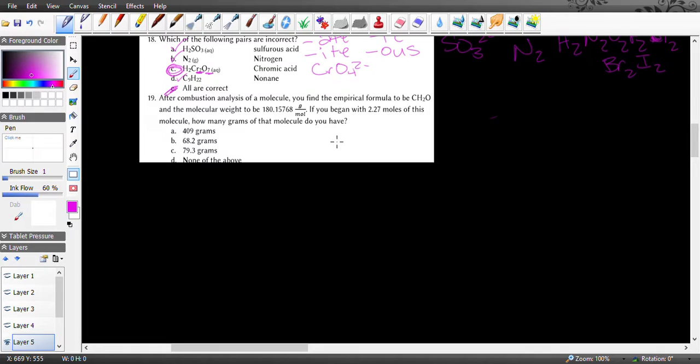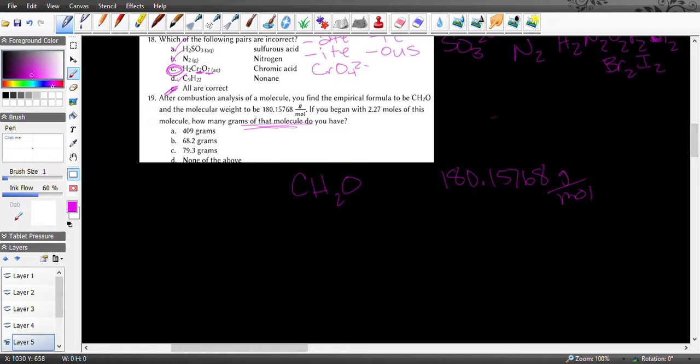After combustion analysis of a molecule, you find the empirical formula to be CH2O and the molecular weight to be 180.15768 grams per mole. So we'll stop right there because we need to find how many grams of the molecule we have.